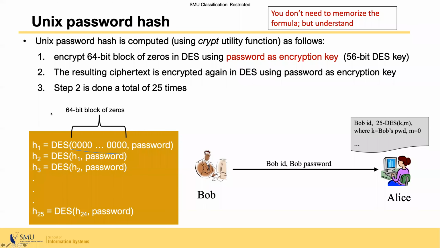So essentially, you are initially encrypting a 64-bit block of zeros using the password, and then the resulting value is encrypted again and again until there is a total of 25 rounds of encryption, using your password every time. And that is called the Unix password hash.